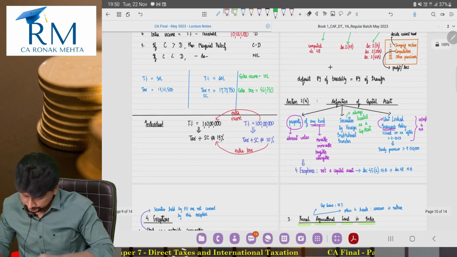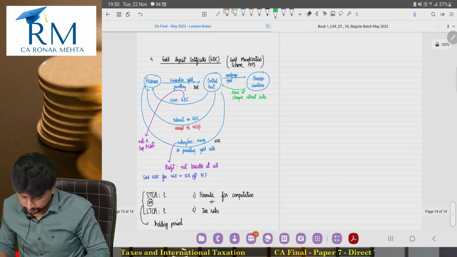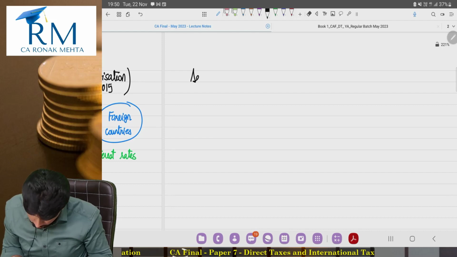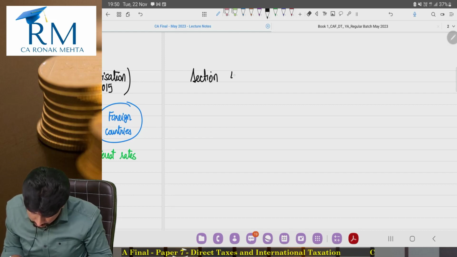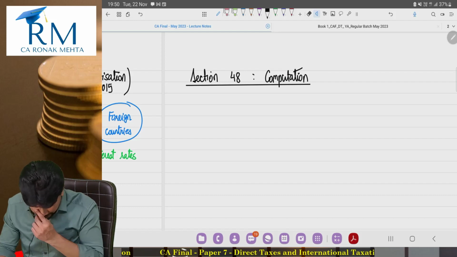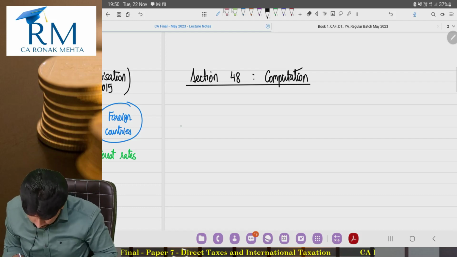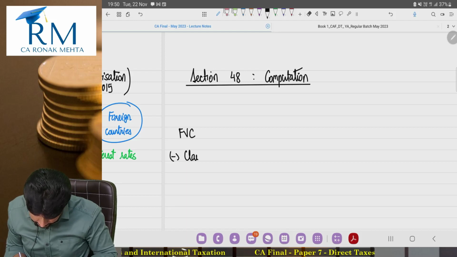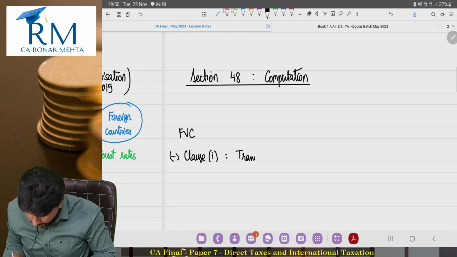See this. What did section 48, the computation mechanism, tell us? It told us that from the full value of consideration you will subtract under clause 1 expenditure incurred wholly and exclusively in connection with transfer.